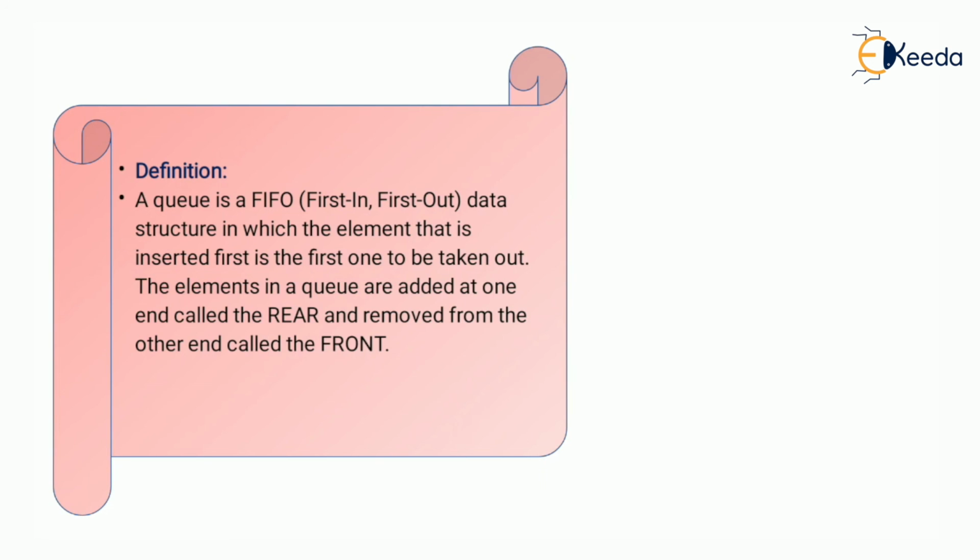The two main principles to understand are, first, FIFO, that is first in, first out, and second, from where the element is deleted and from where it is inserted: from the front the element is deleted, and from the rear the element is inserted. So this is all about the definition of a queue.